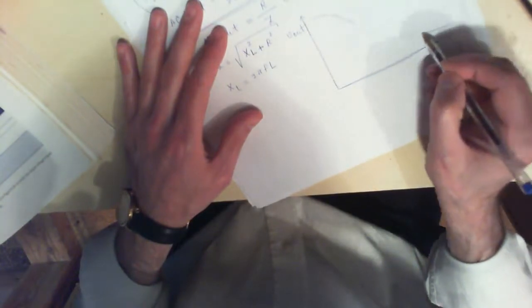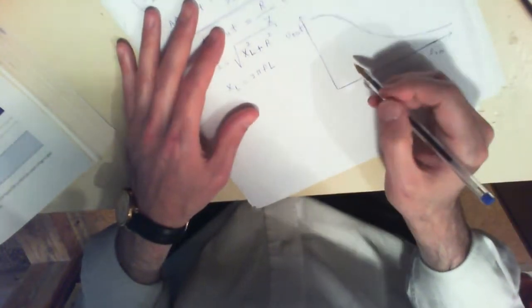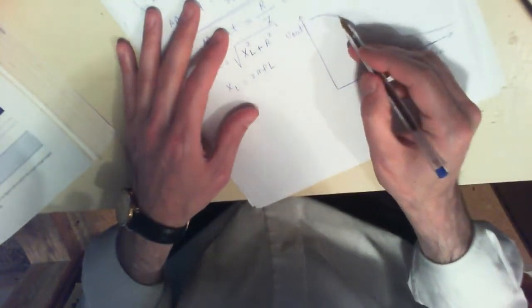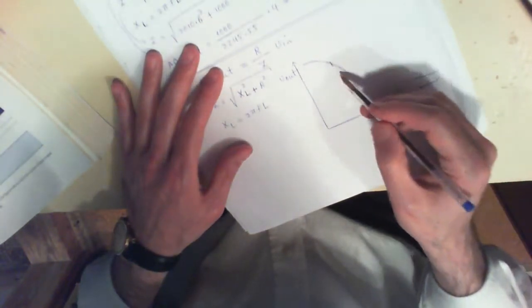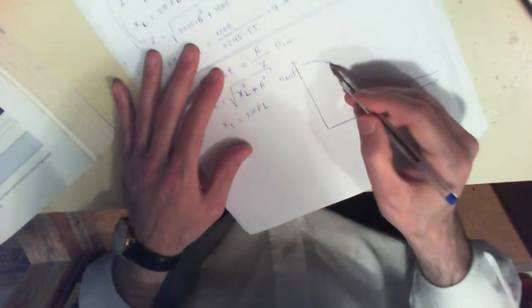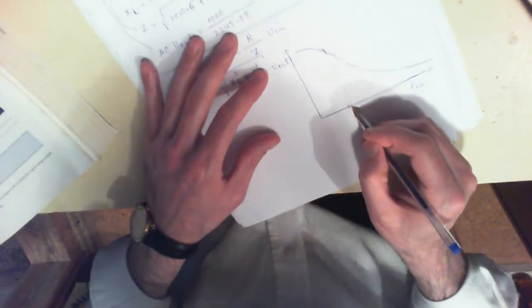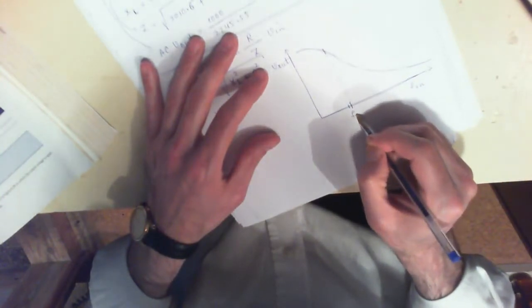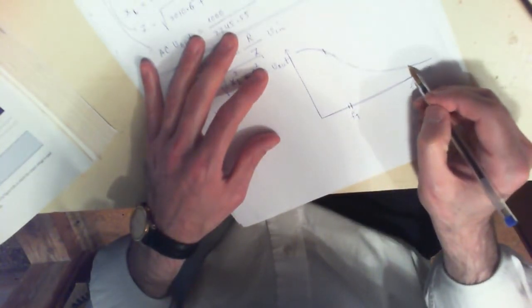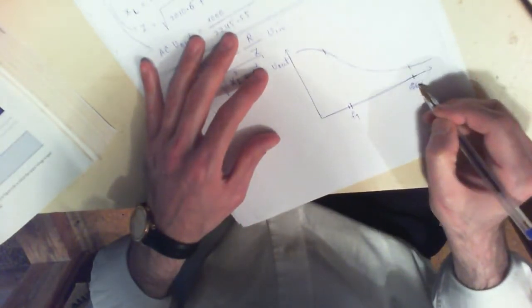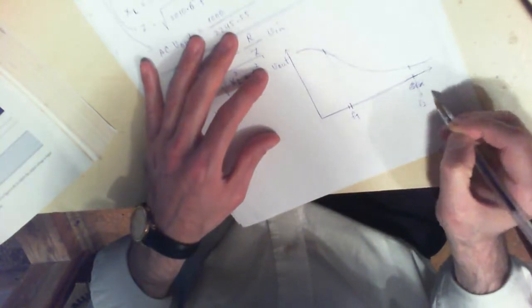There's a point over here where your voltage starts falling very sharply, let's take it arbitrarily as this point, which you can call F1, and there is some place over here that you can call F2.